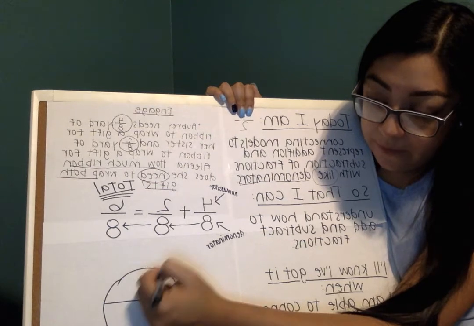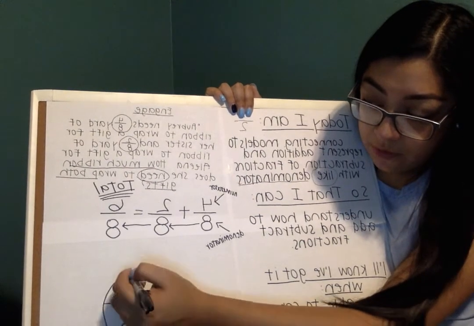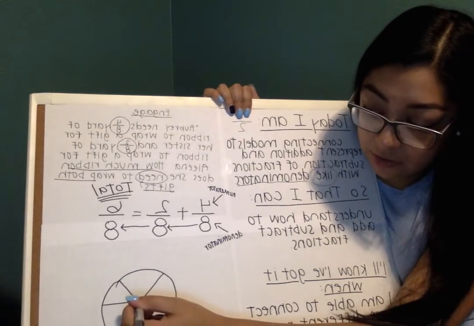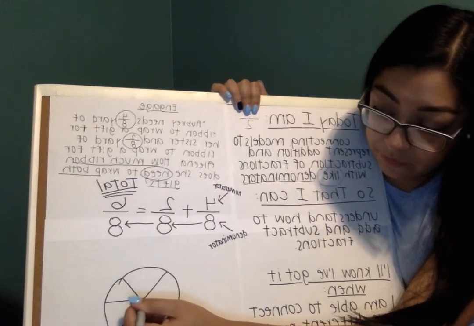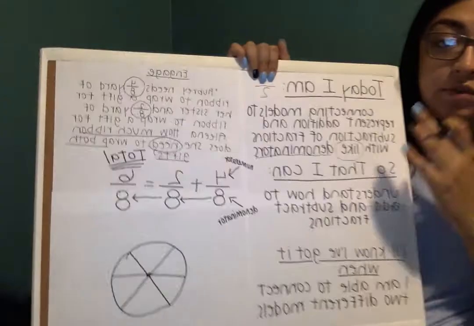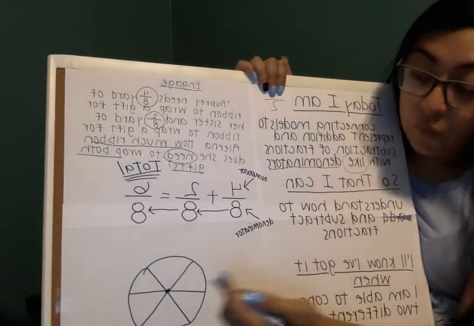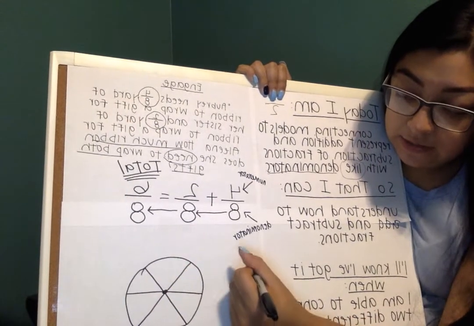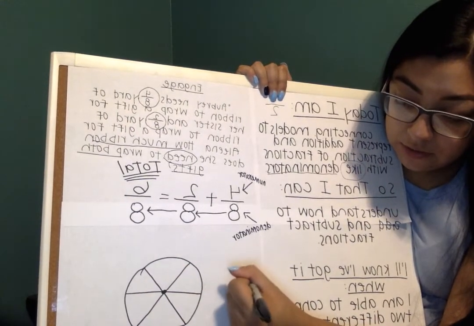Let's do it this way. Mine probably won't be equal, but they'll be near it. Let's do a little circle, that way we know. Okay? So, this whole circle has 6 pieces, correct?